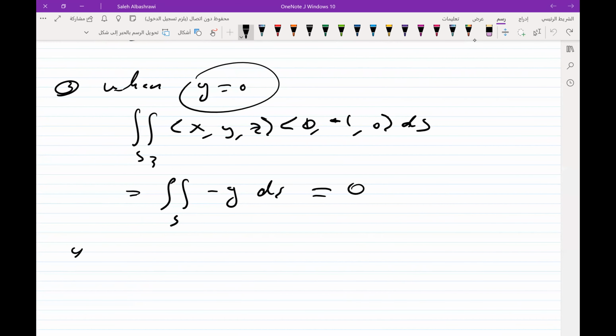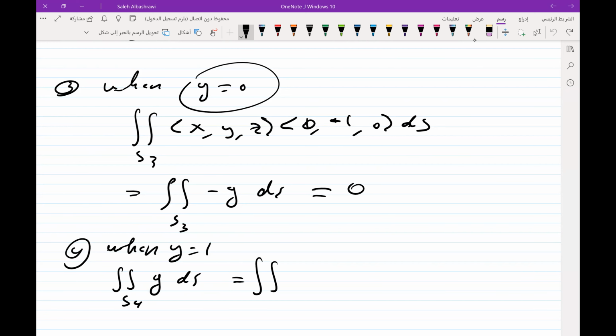Number 4 is when y equal to 1. I will have y ds, with y equal to 1.